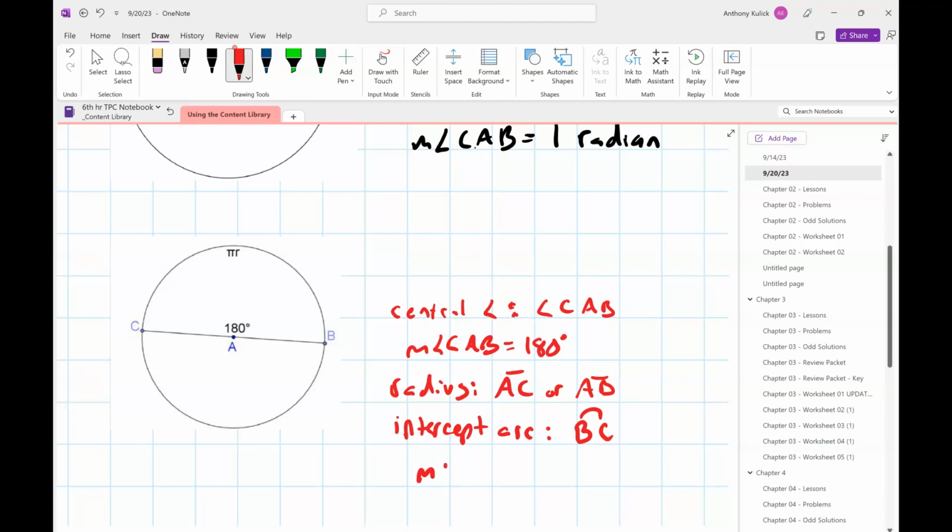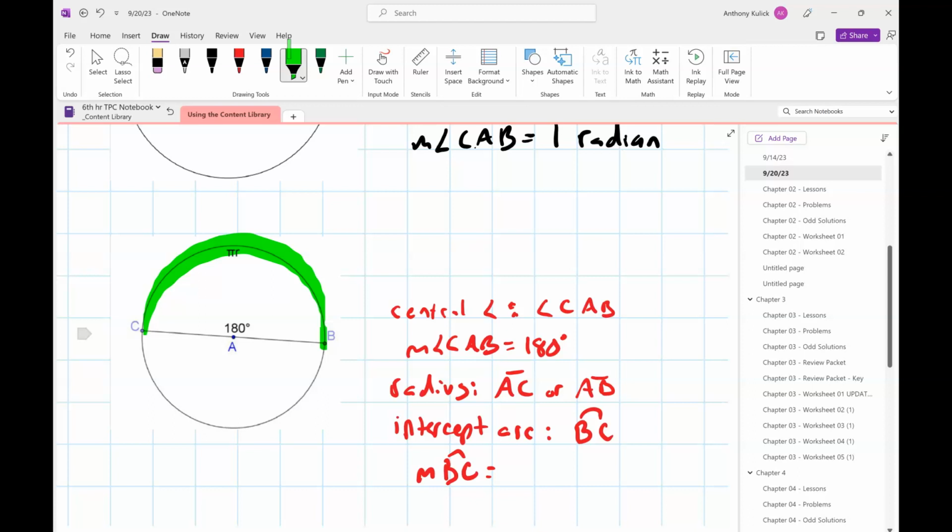The measure of the arc BC should be what? Well, I know you measured arcs in geometry with degrees. We're talking about the arc length, though, the distance that it would take to walk from one point to the other point along the arc.